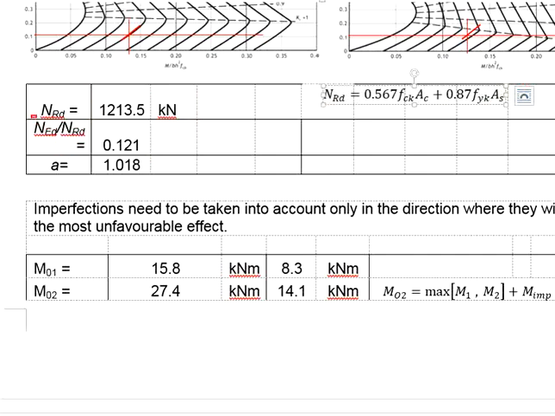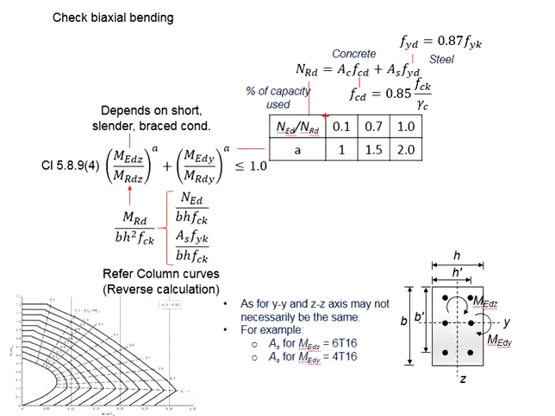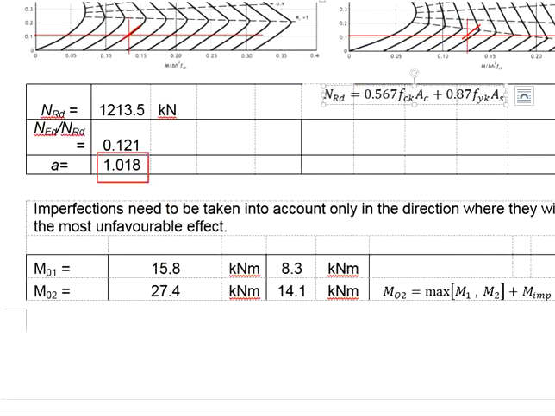Your NEd is 140 something. Divide the NEd by the resistance, that gives you a ratio of 0.121. This ratio 0.121 refers to the table here. Interpolate it, you get a equals 1.018.